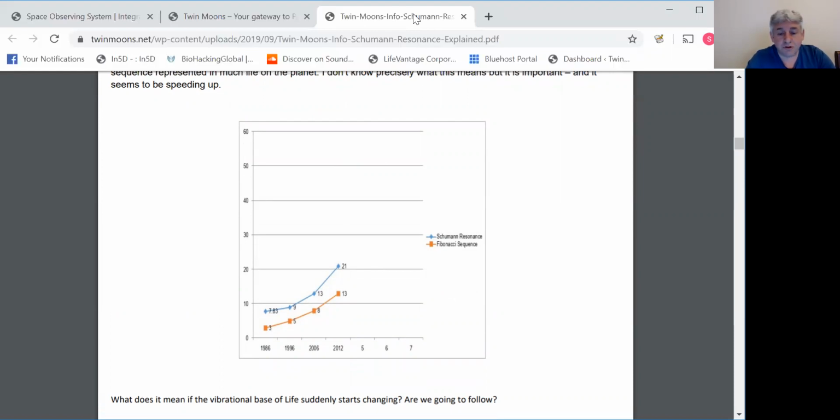And the interesting thing is the Fibonacci sequence does appear to represent that growth pattern, a natural organic pattern in nature. So what does that mean? Well, it means that there's a physical correlation between the esoteric and energetic nature of the changes on the planet at the moment and the physical characteristics of the Schumann resonance itself changing.